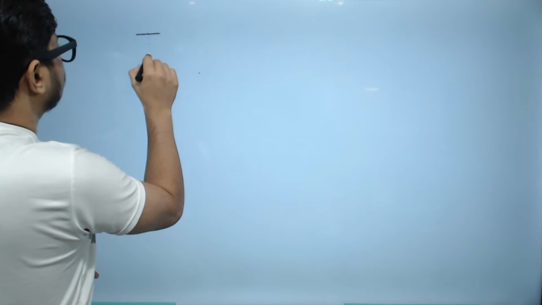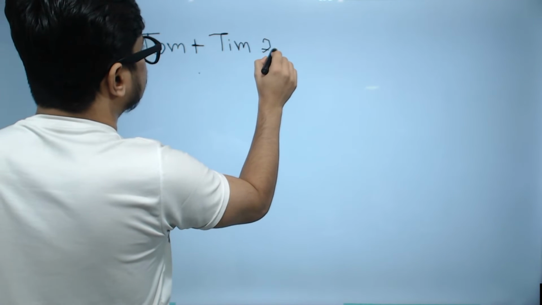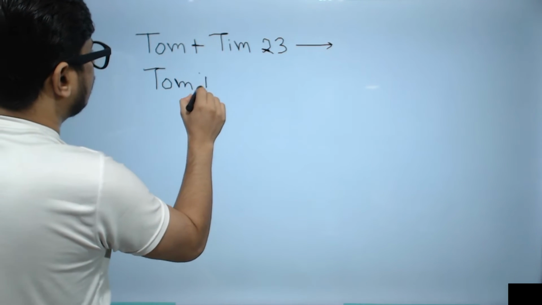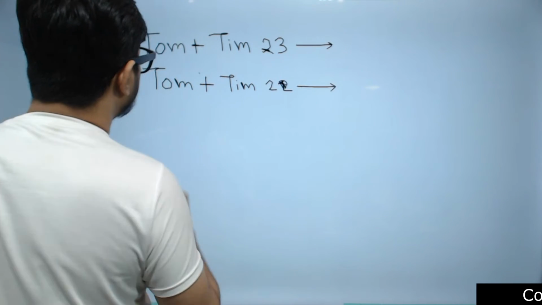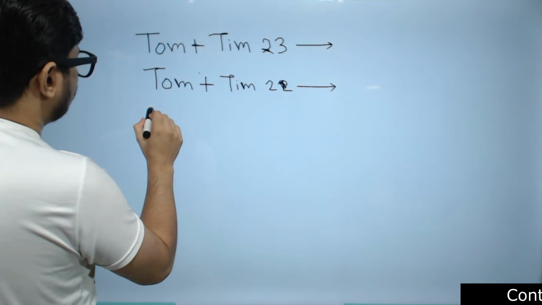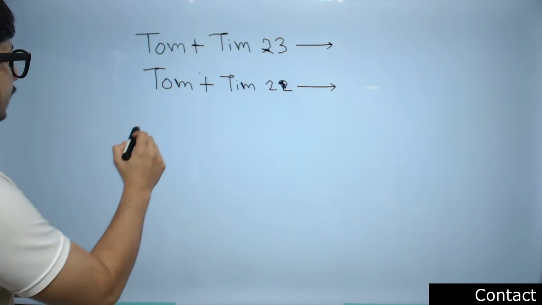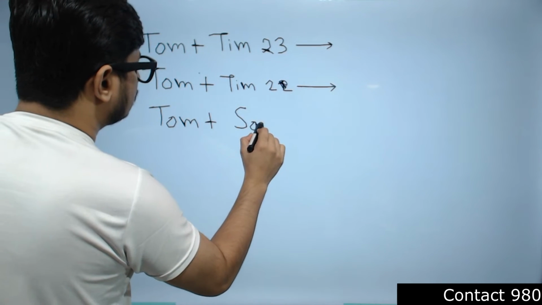So I have TOM and TIM23. This is one approach. I have TOM and TIM22. We have another approach, and we have, on the other hand, the SAM complex, TOM and SAM complex.